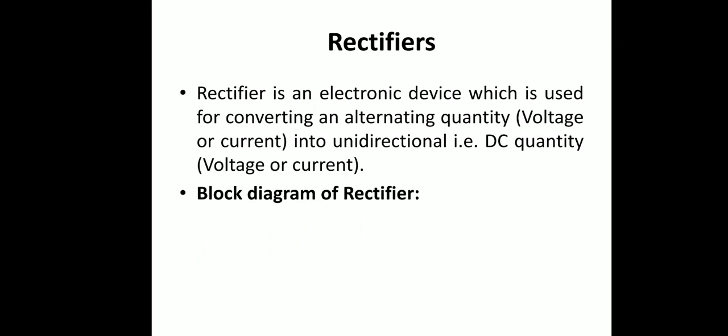One of the most important applications of a PN junction diode is the rectification of alternating current AC into direct current DC. A PN junction diode allows electric current only in forward bias condition and blocks electric current in reverse bias condition.